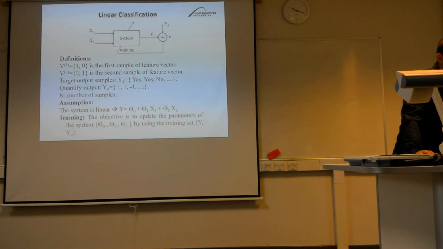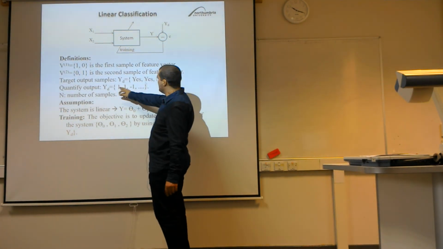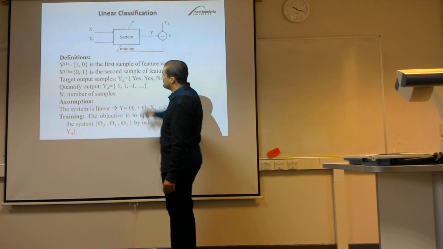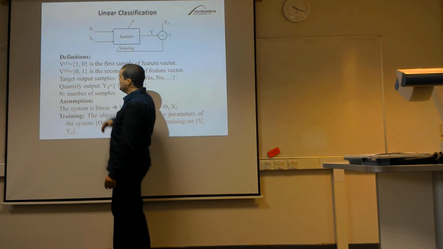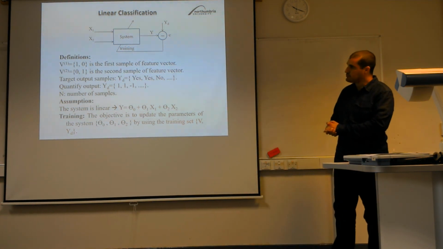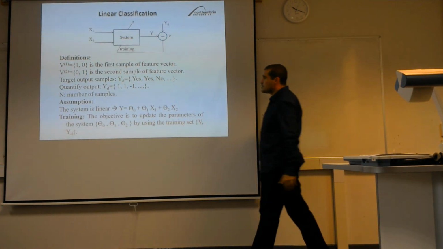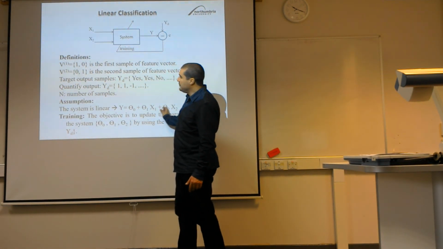The target output samples are yes, yes, and no. So yes, we assume it's 1, no is -1. So n is the number of samples, so we can have any number, depending on the availability of training samples. If we assume the system is linear, that would be the equation of the linear system.